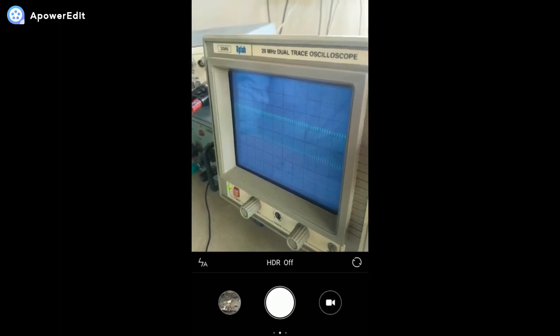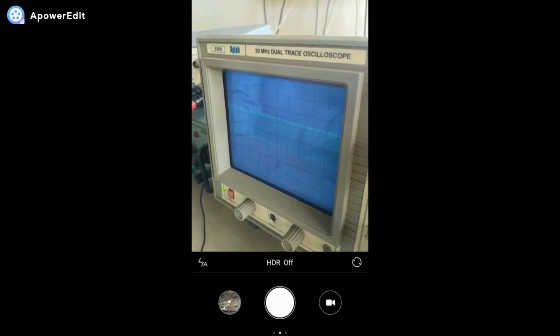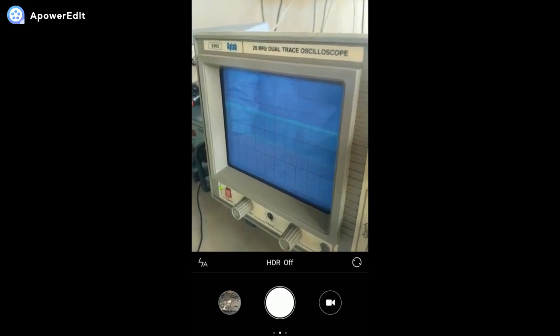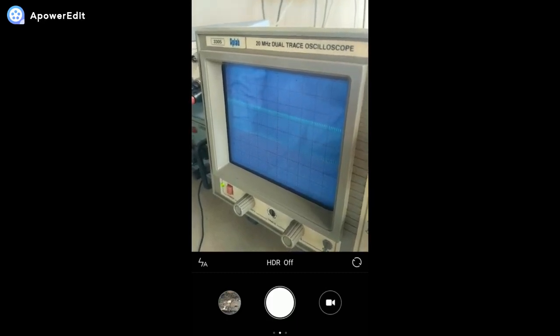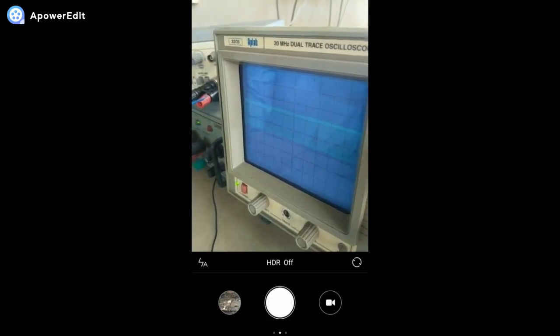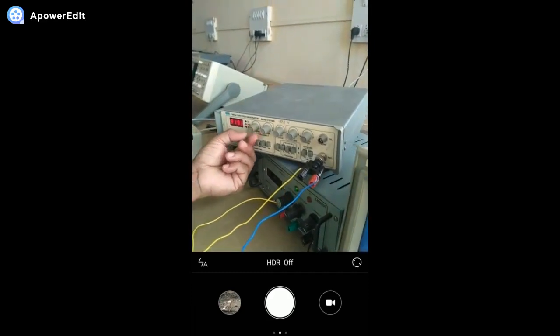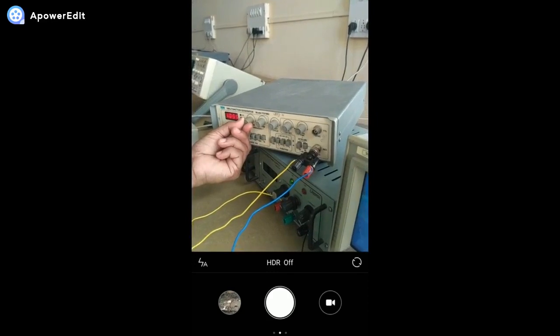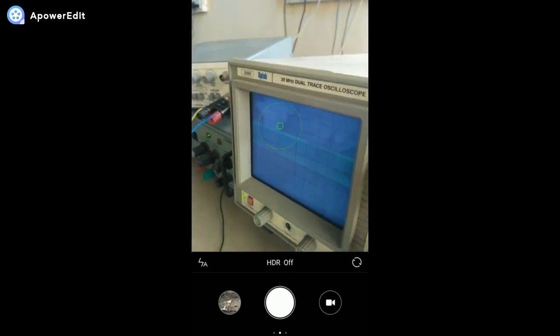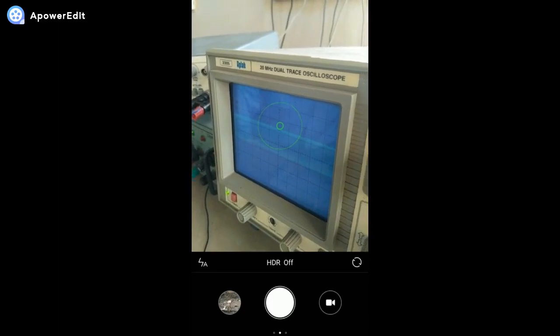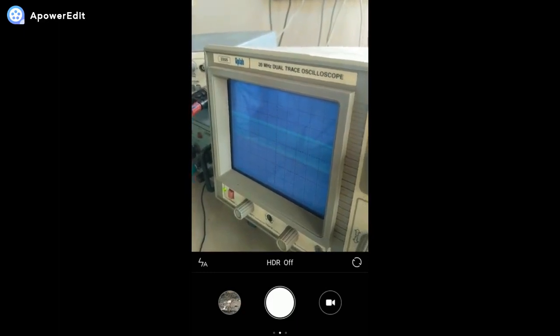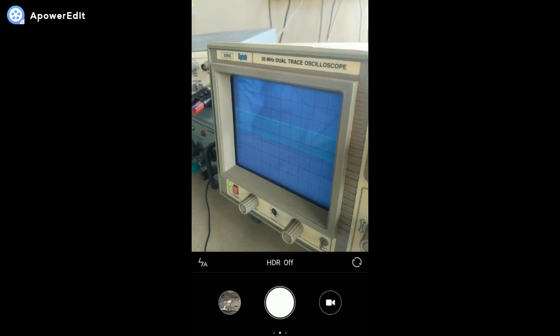See, approximately from 5 kilohertz to 11 kilohertz, the output is constant, and after this frequency, automatically the output signal is decreasing. Now we are taking the frequency in megahertz. When you take the frequency in megahertz, automatically the output signal is decreasing. See this.